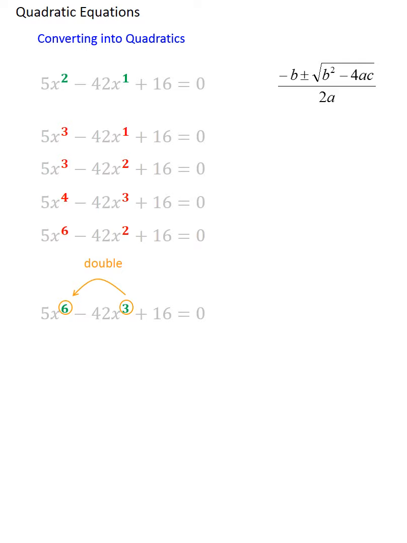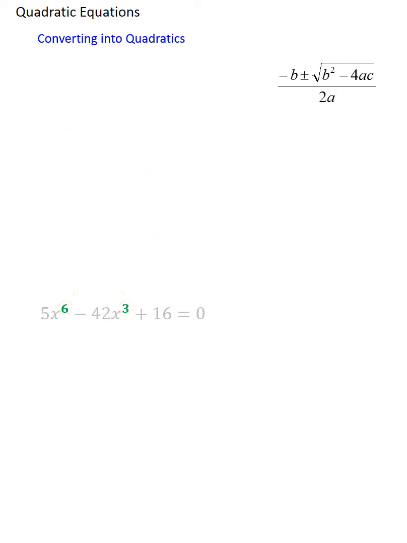Today's video is devoted to this specific case. What do we do when the larger exponent is exactly double the smaller one? And because we've developed this problem so far, I'd like to make this problem our first example.